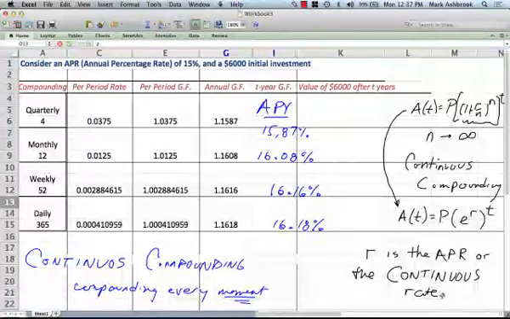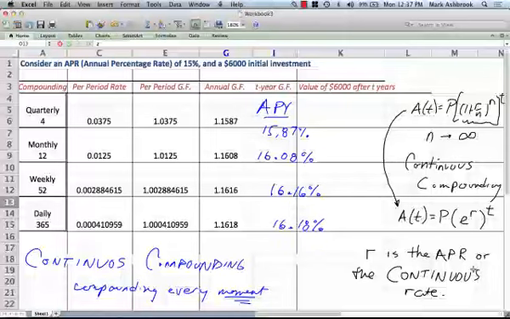Is the continuous rate the amount of increase of our money over the year? No, because it's like the APR. This continuous rate thing is hard for students to get. On the exams, you're going to get really low success on this continuous stuff, so try to really work hard at it.